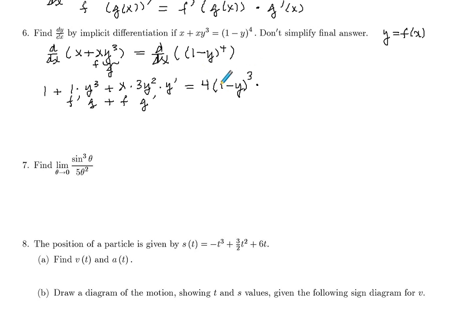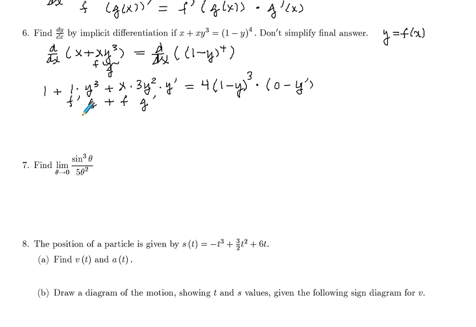So derivative of 1 is just 0, and the derivative of negative y is, if this was negative x, the derivative would be negative 1, but it's negative y. Derivative of y is y prime. So this is 0 minus y prime. Now we have 2 terms right here and here that have y primes in them. Let's do a little bit of simplifying and then we'll solve for y prime.